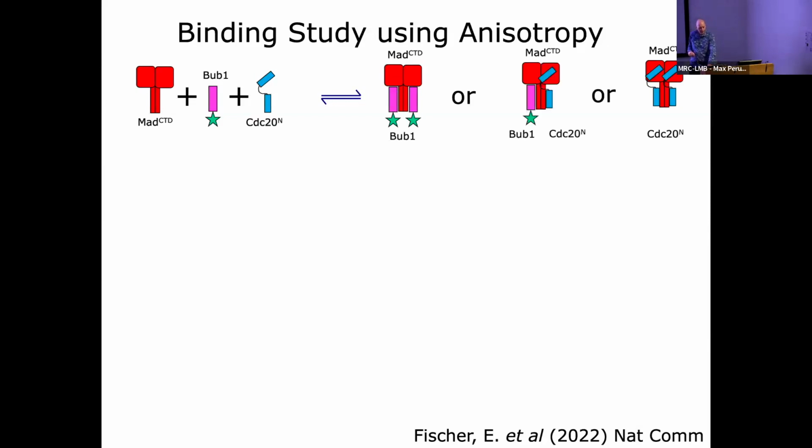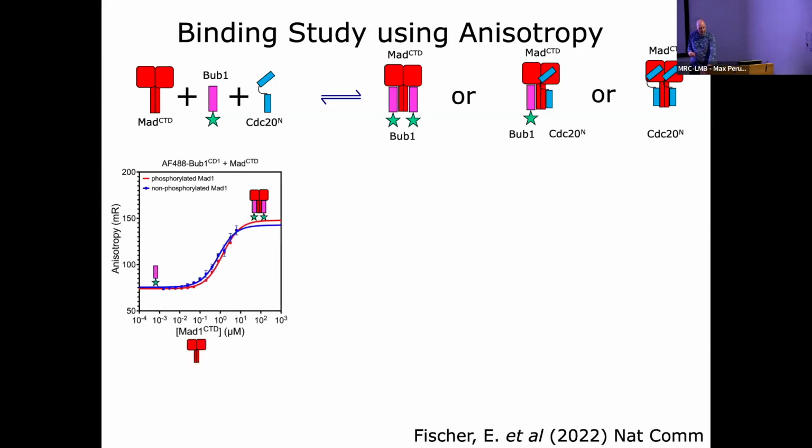Okay, we need to solve this with polarization. If we have labeled BUB1 and titrate MAD2, we get a nice change in the polarization. We can fit that, and then look at changes in phosphorylation, whether that affects things.